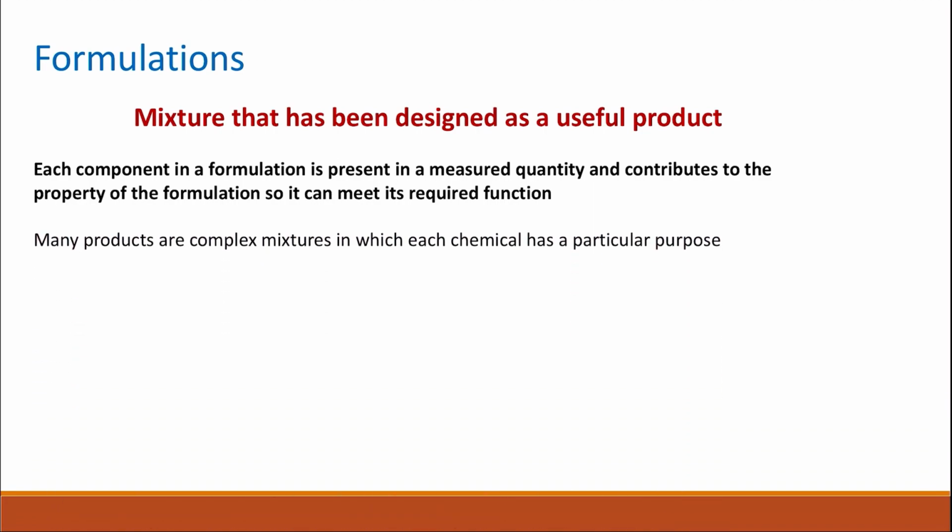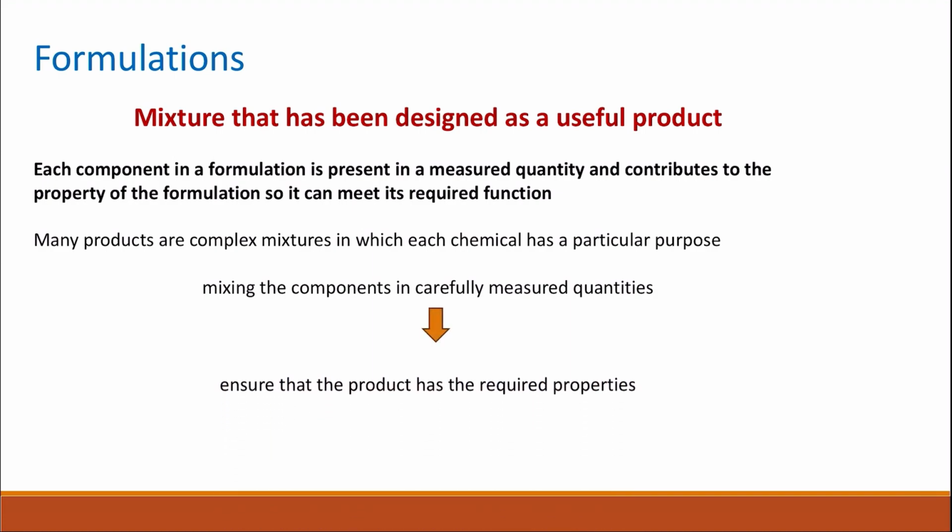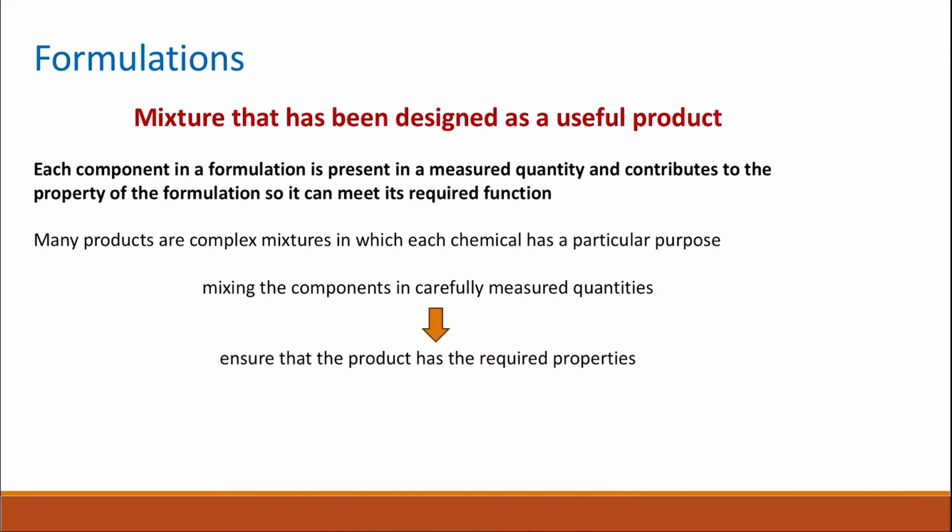Many products are made out of complex mixtures in which each chemical has a particular purpose. They are made by mixing the components in carefully measured quantities. So not just mixing certain components, but also mixing them in measured quantities. That's to ensure that the products have the required property, because each component will serve a certain purpose in that formulation.